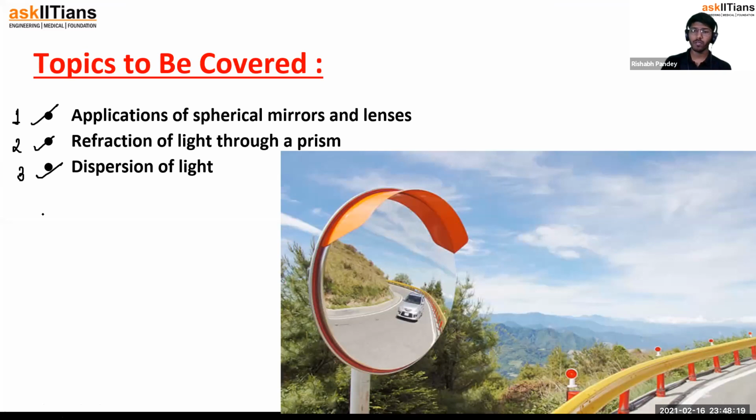I hope every one of you is familiar with spherical lenses and mirrors. As you can see over here, this is a mirror, and you can see these kinds of mirrors on the turnings of roads. The benefit of using these mirrors is very simple: you can know which vehicle is coming, or whether a vehicle is coming or not.